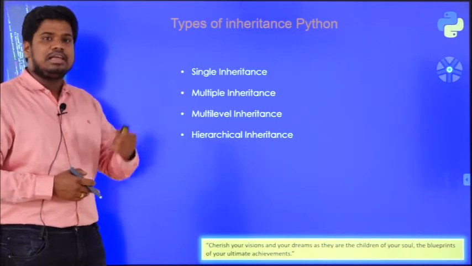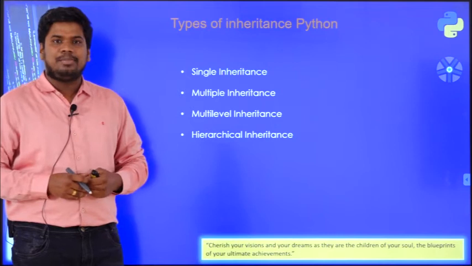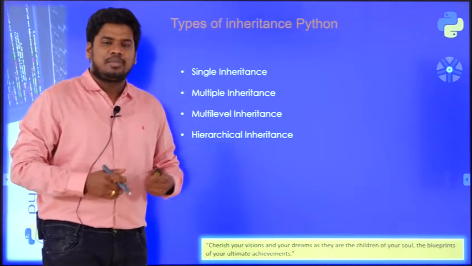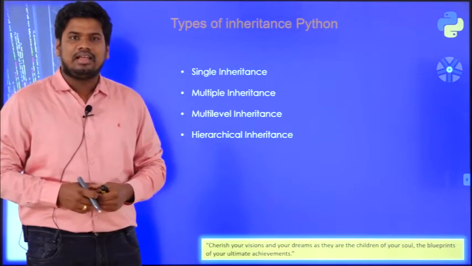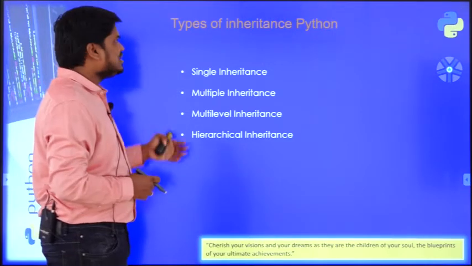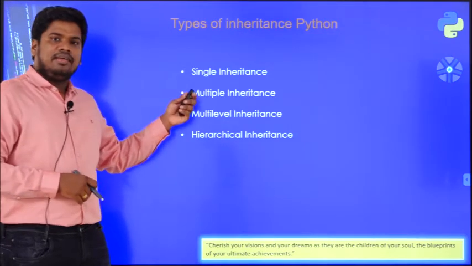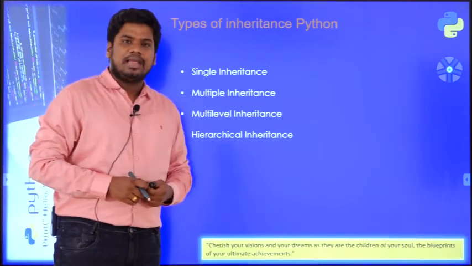If you are familiar with C++ concepts, there we have hybrid inheritance, in which we have the diamond problem. In Java and Python, we don't have hybrid inheritance. These are the various types of inheritance in Python, and we will learn about each of them in detail.